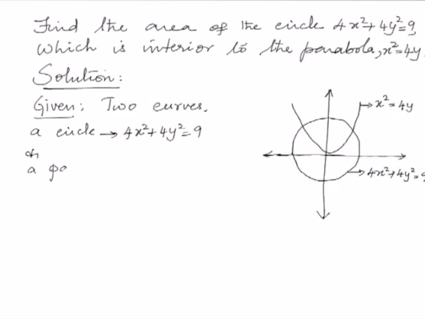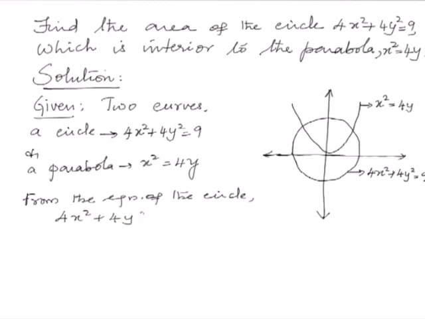That will give us the point at which the circle is intersecting the x-axis. So, 4x squared plus 4y squared is equal to 9 can be written as x squared plus y squared is equal to 9 by 4.